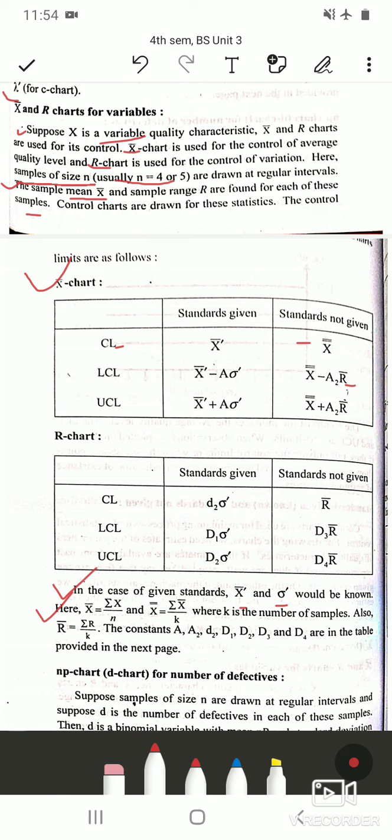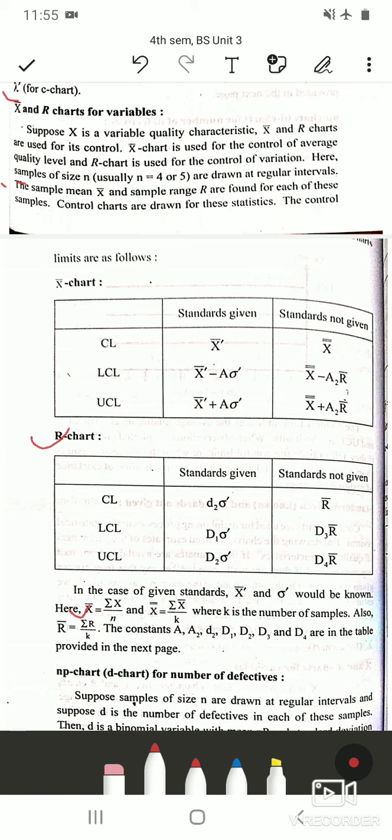So X bar is summation X by n, and X double bar is summation X bar by k. How many samples you take at regular intervals, that is your k, where k is the number of samples. So this is the sample size and this is the number of samples. Don't get confused, this concept will also be clear when we are solving problems. X bar is summation X by n, X double bar is summation X bar by k, where k is the number of samples, and R bar is summation R by k, where R is the highest value minus the lowest value.